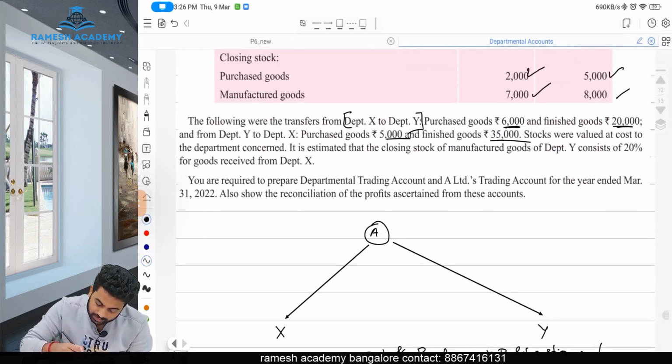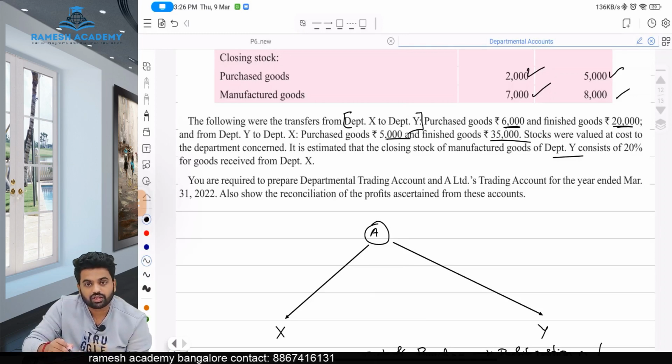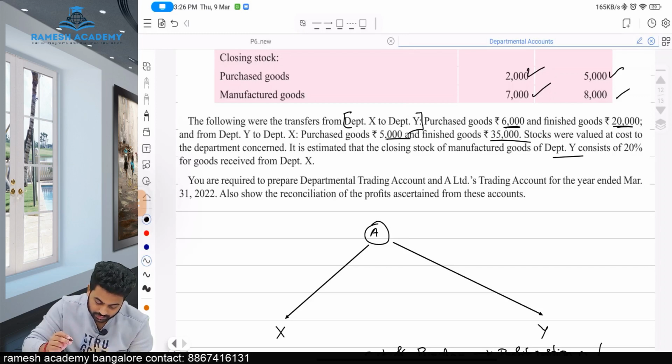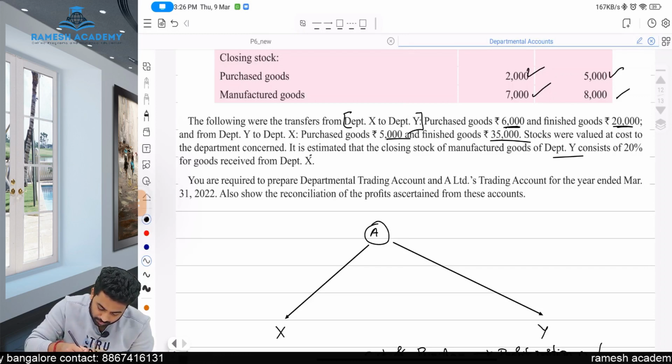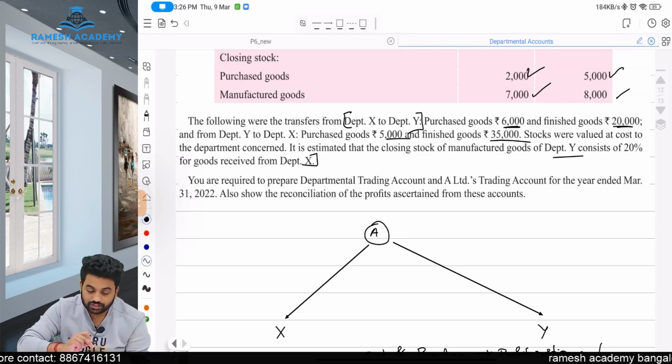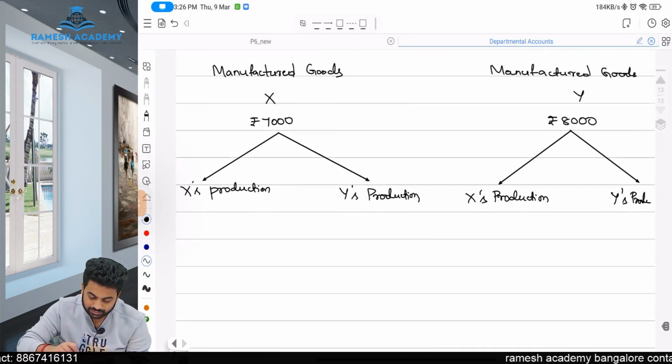It is estimated that the closing stock of manufactured goods of department Y consists of 20% goods received from department X. They are telling us Y department is there, no?